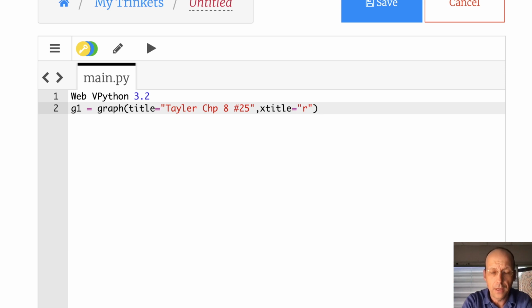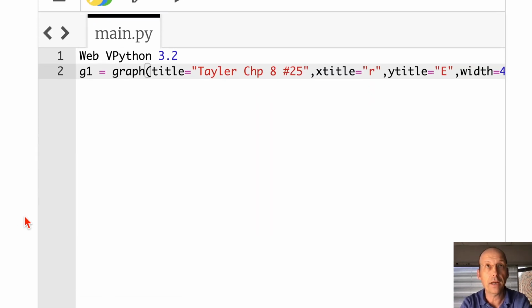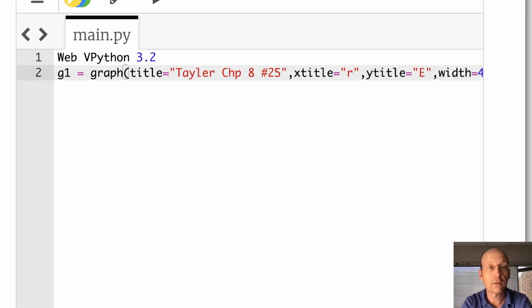I'm just going to say R. And then the Y title is going to be energy. We're plotting the potential energy, but it is an energy. And let's give it a width of 400 and a height of 200, and that's that. Let's make that a little bit bigger. People like big, right? Everyone likes it big. Move this over here.